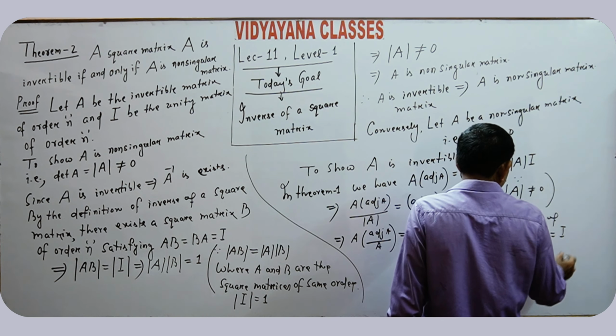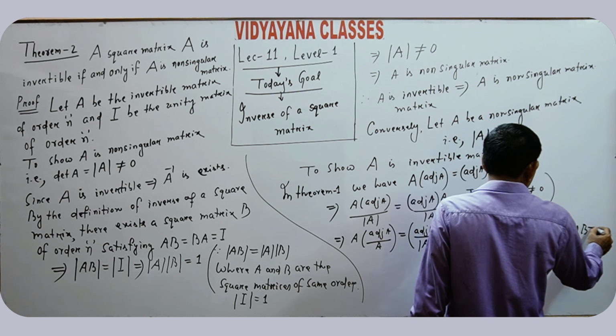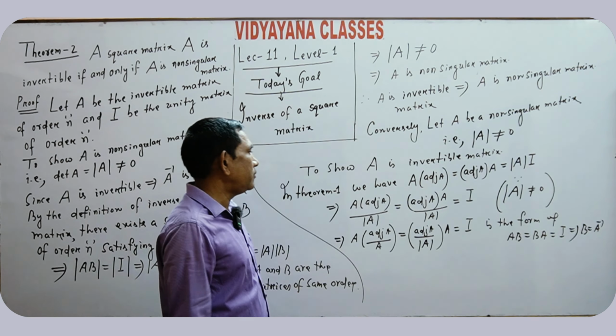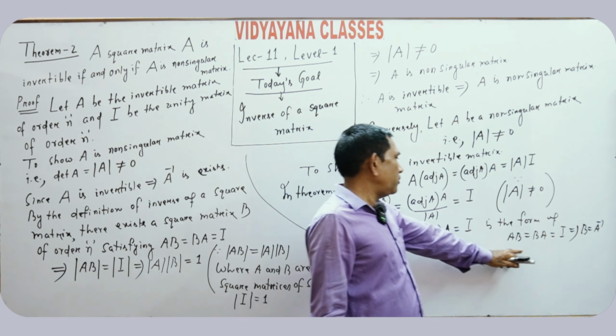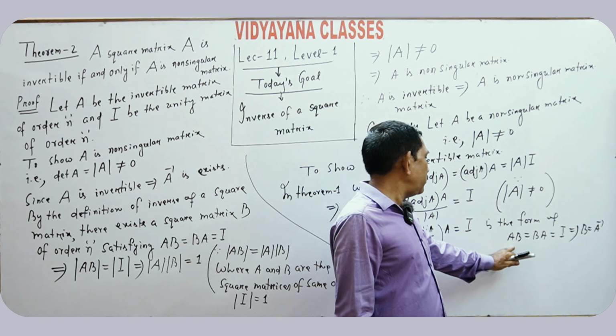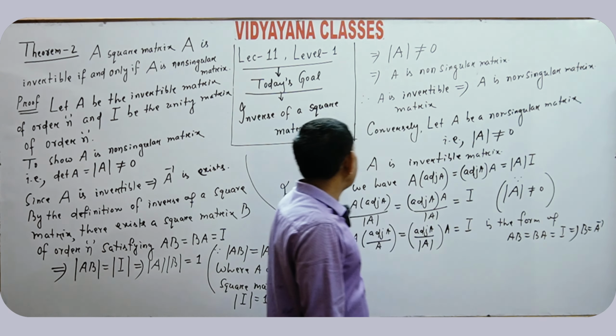That implies B is the inverse of A, that is, B is equal to A inverse. Here B means in the form of AB is equal to BA is equal to I. It is the definition of inverse of the square matrix. A is the square matrix.